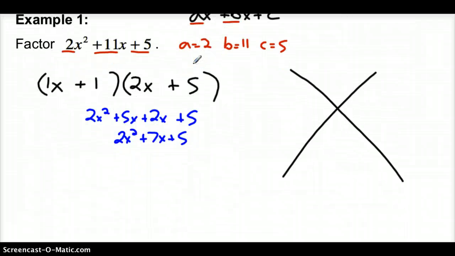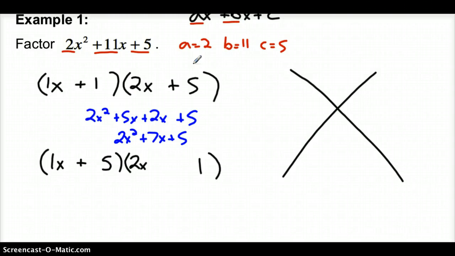I mean, I know for a fact that the first times first here, this 1x and this 2x, gives me 2x squared, right? The last times last, I know for a fact I have to get 5, right? What if I switch the 5 and the 1 around like this, a 5 and the 1, and I put pluses here, okay, and I can just sort of see what I get, right?